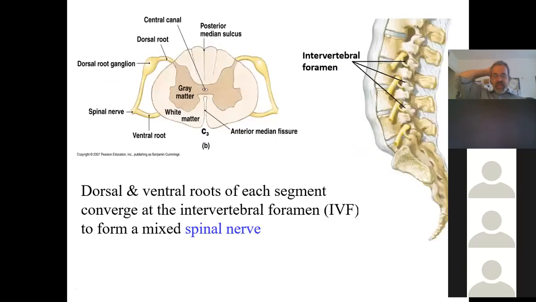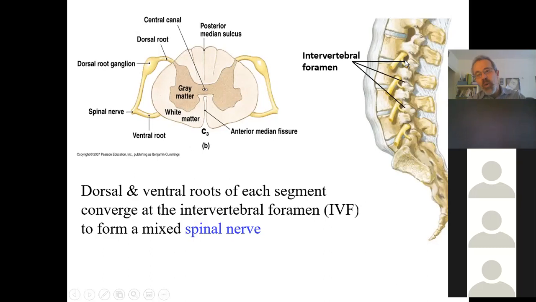All right. So this is going to be a throwback to our discussion on the vertebrae, actually in lab, bones. Remember when we were looking at the vertebrae, you noticed where the vertebrae came together, there was a little space created. This is known as the intervertebral foramen.